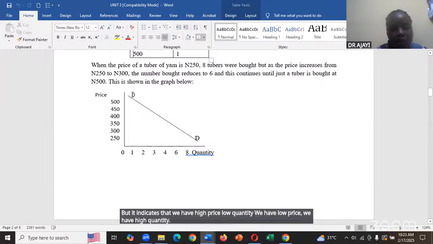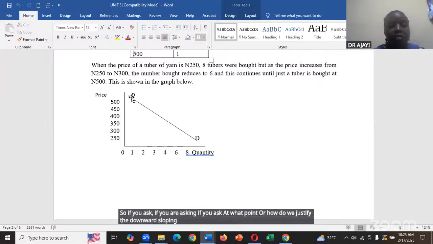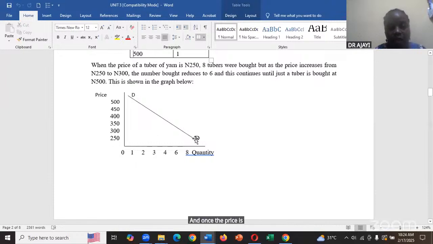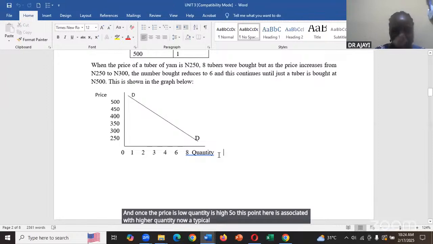So if you are asked how we justify the downward sloping demand curve, it simply shows that it slopes from the left to the right, indicating that once the price is high, quantity is low, and once the price is low, quantity is high. So this point here is associated with higher quantity. Now, a typical demand curve behaves in this way.